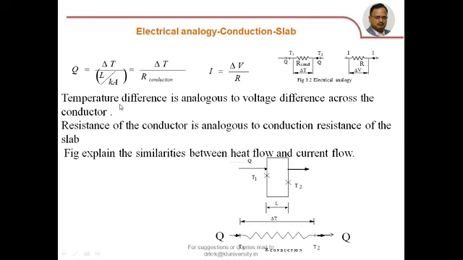So let us have a look at these sentences once again. Temperature difference is analogous to potential difference across a conductor. The resistance of the conductor is analogous to the conduction resistance of the slab. This figure explains the similarities between heat flow and current flow.